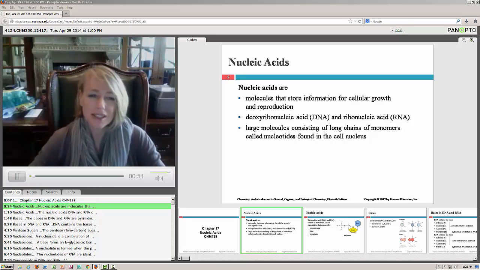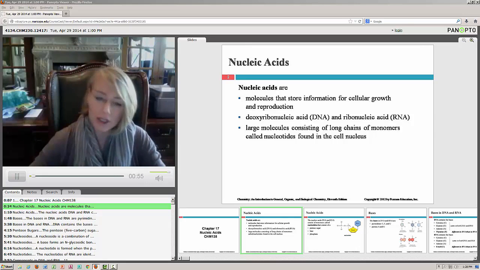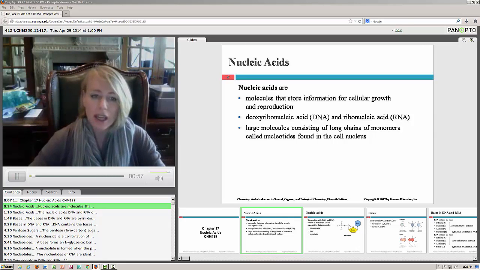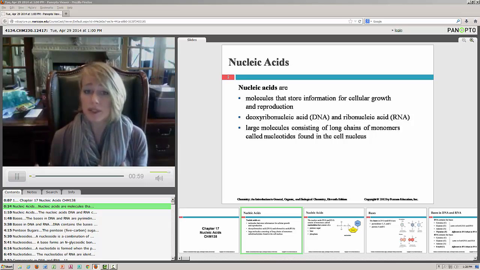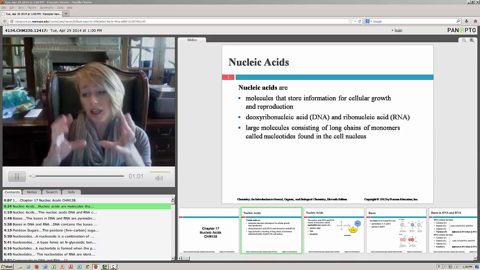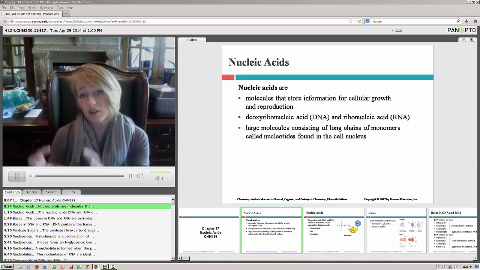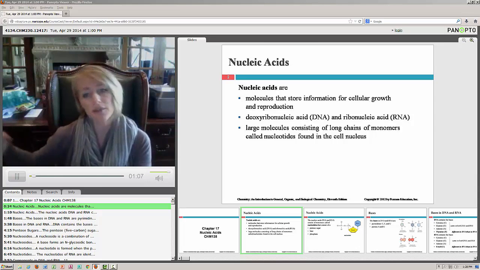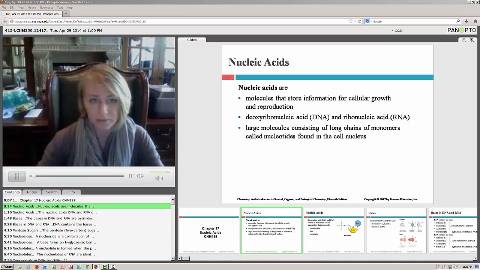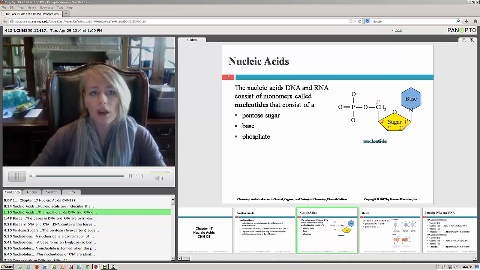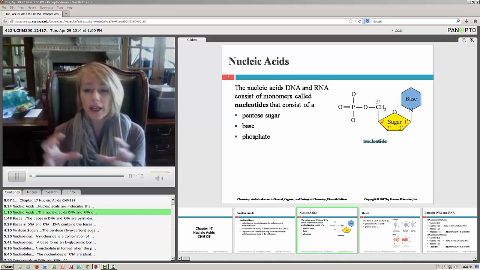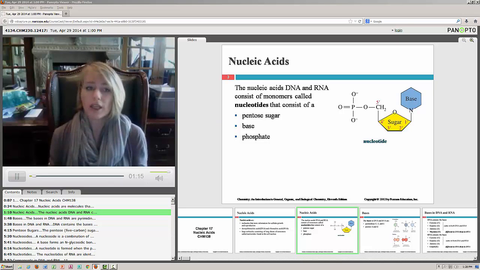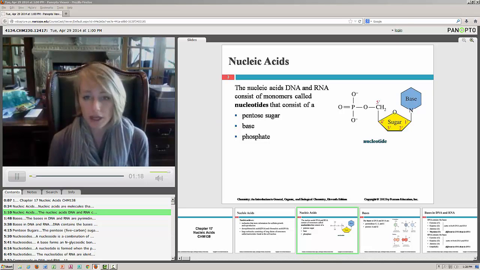Basically, nucleic acids are composed of either ribonucleic acid or deoxyribonucleic acid, and the molecules themselves are quite large. They have monomers of nucleotides that fit together to make the nucleic acid. The nucleic acid monomer is composed of what we call nucleotides.